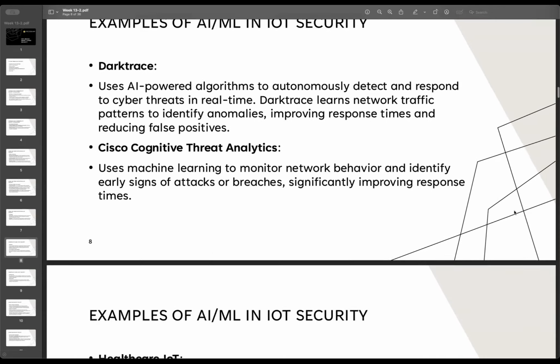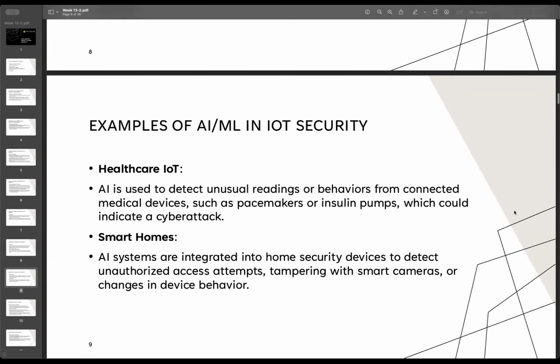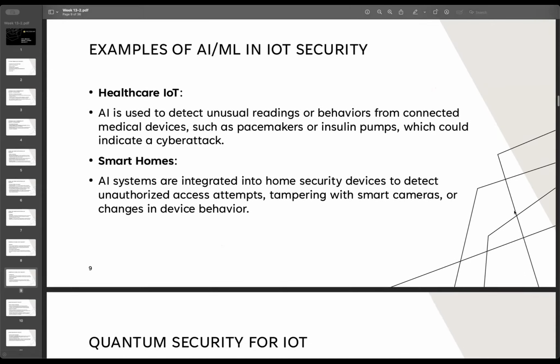It's really helpful, and maybe more used in healthcare, to detect cyber attacks on pacemakers or insulin pumps, and also in smart homes, integrating with security devices to detect unauthorized access attempts, tampering with cameras, and changes in device behavior. This is how we can apply AI and machine learning in IoT security.